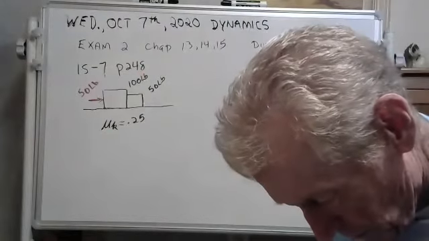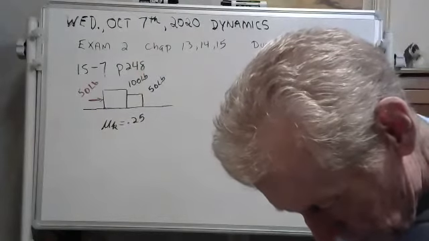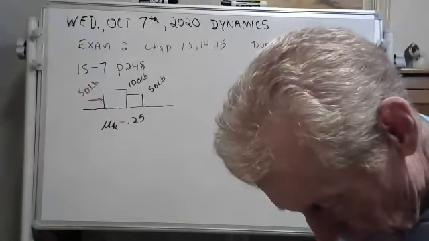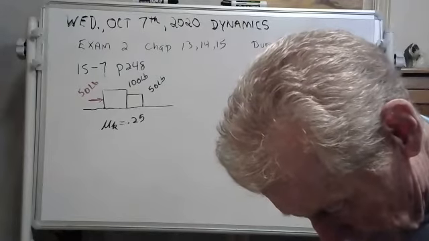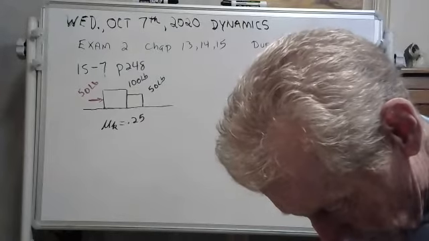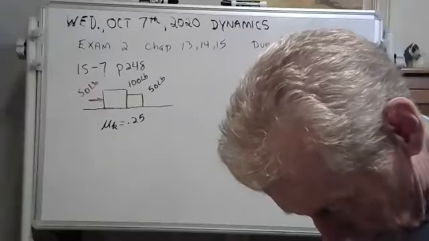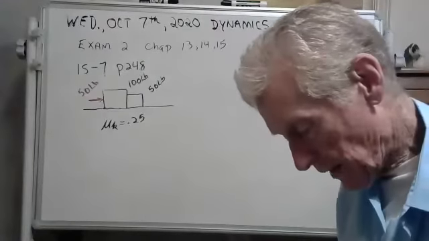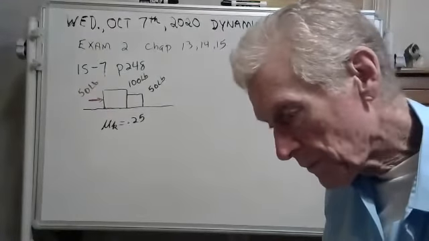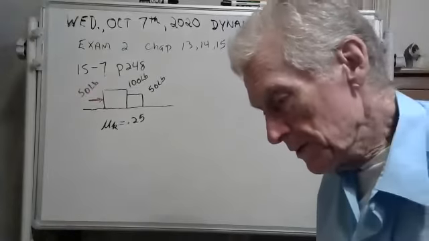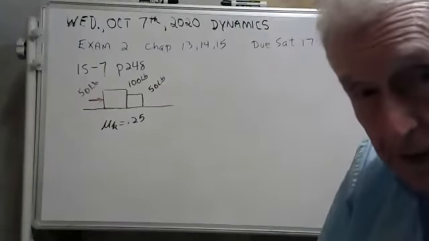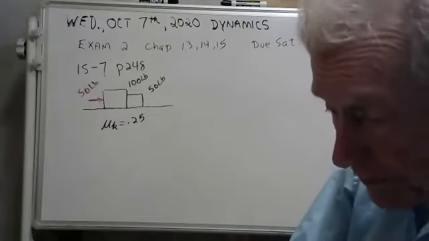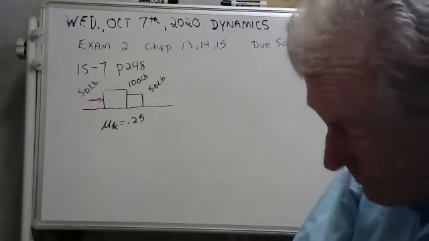And now in 5 seconds, what are we supposed to do? We're supposed to find their speed in 5 seconds, and the force exerted by crate A on crate B. All right, well, we'll do that. Now, I thought it'd be fun to do it with Newton's second law first and get the answers, and then to do it with impulse momentum and get the answers.